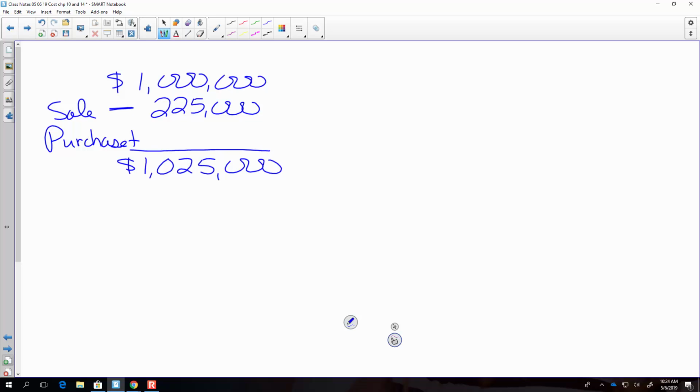I must have purchased how much? 250. So this is the number I need for my cash flow. I spent 250,000 on new assets to get it up to the 1,025,000. There's no other easier way to do it than this. You have to do a schedule of that account.